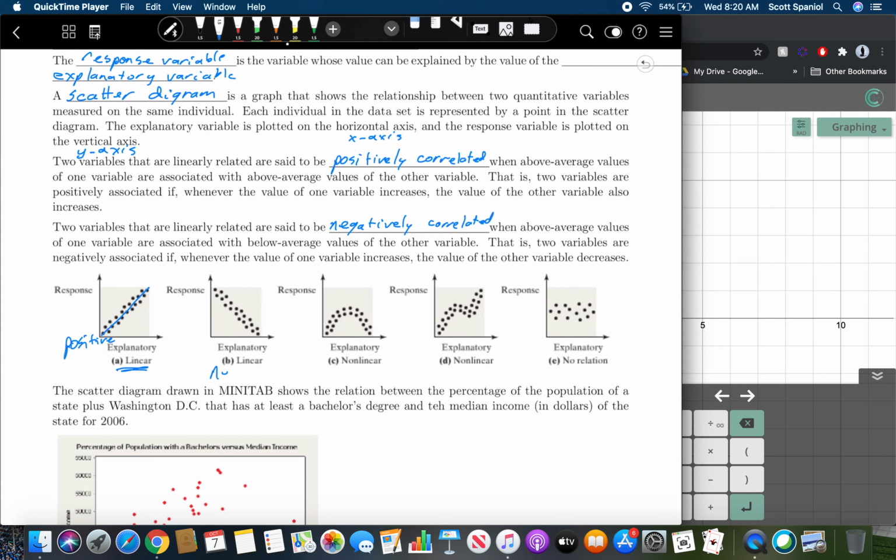Here's a negative example of a linear one, because it makes a negative slope. As one variable goes up, the other one goes down. As the x value gets bigger, the y values get smaller. These next two are examples of nonlinear relationships, which we're not going to talk about in this class, but are other correlations that you could talk about. And the last one is where you'd have no relation, where the points are just all over the place.